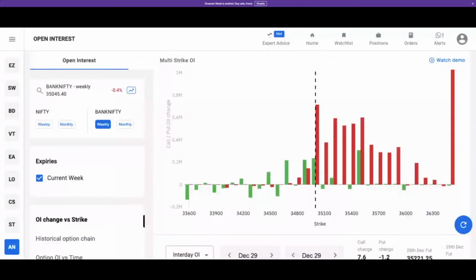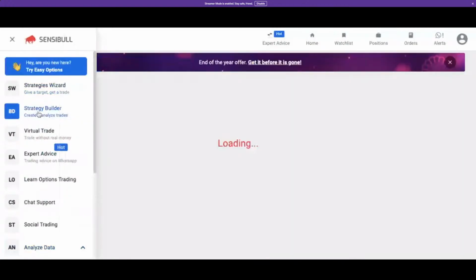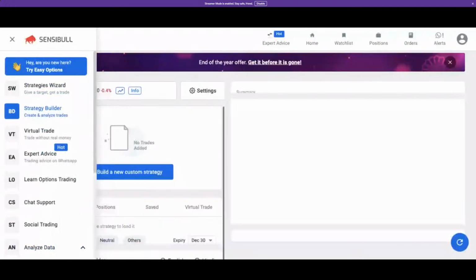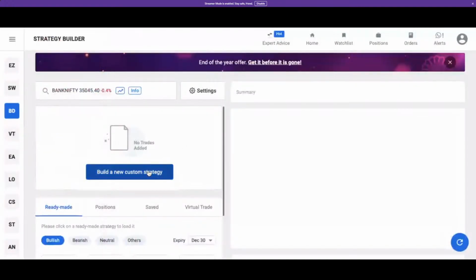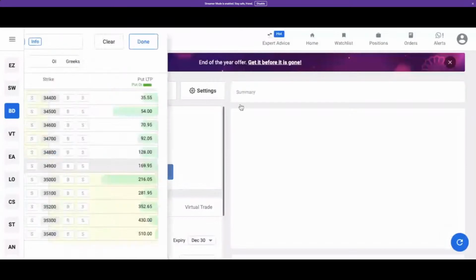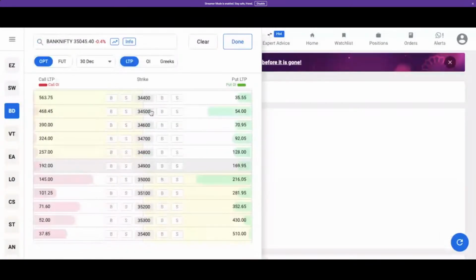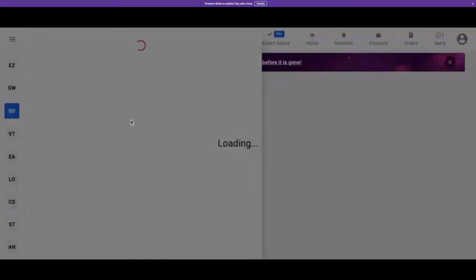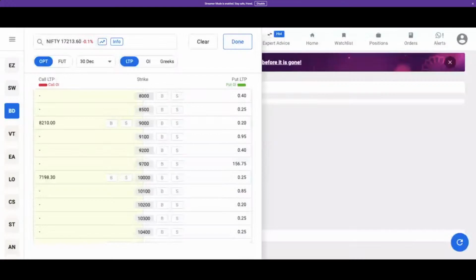Now, what is a bear call spread? I have to go back to the strategy builder. You're basically buying an out the money call and selling an in the money call. No, I don't want Bank Nifty. I want Nifty. And I hope we've understood the moneyness of an option.